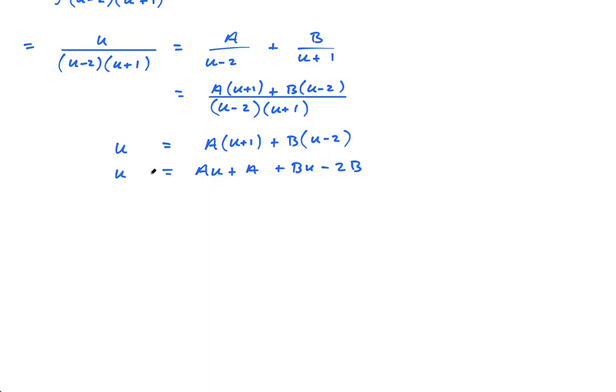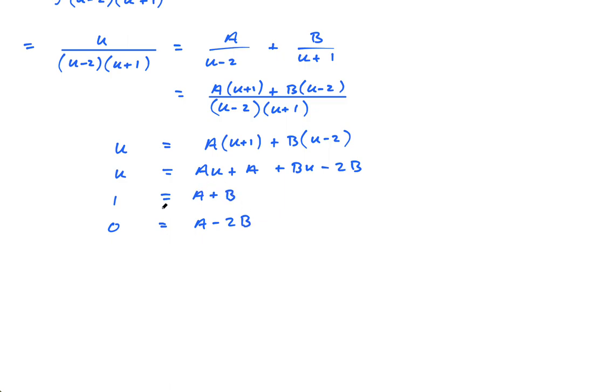Now, the coefficients of u must be equal, so 1 must equal a plus b, and the constants must equal, which means 0, because there's 0 on the left, has to equal a minus 2b.